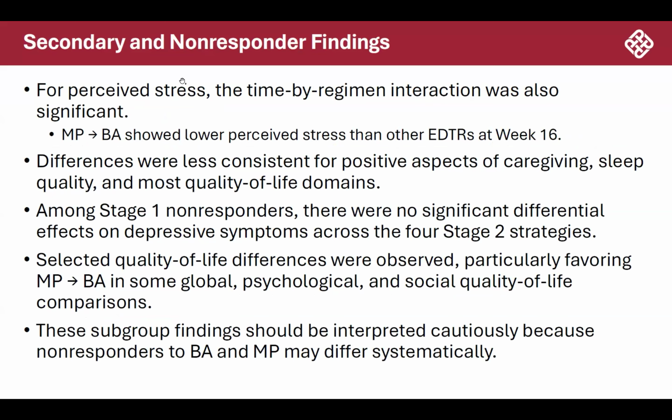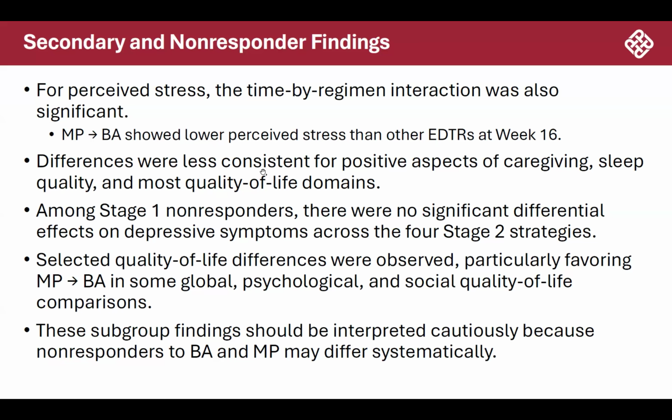And for other secondary outcomes, such as stress, there is also a time-by-regime interaction effect. We also find that changing the intervention from MP to BA can lead to lower stress than other regimes.